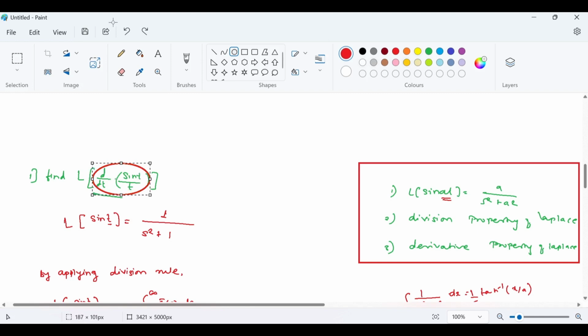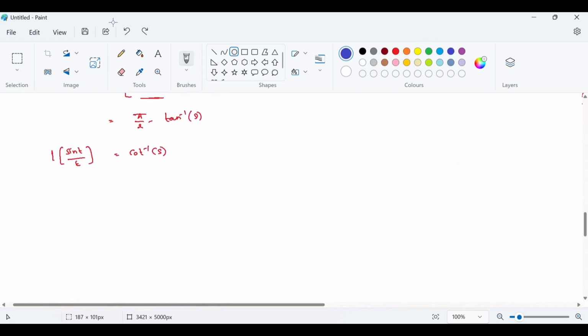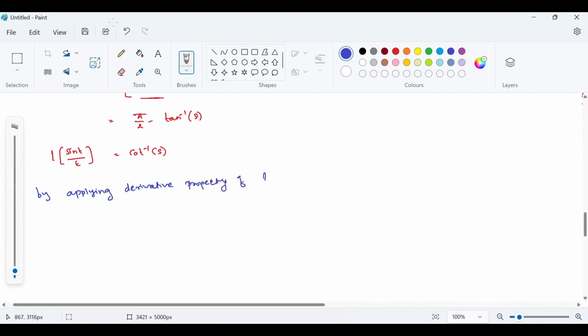Now, simply, I'm going to apply the formula here, by applying the derivative property of Laplace.